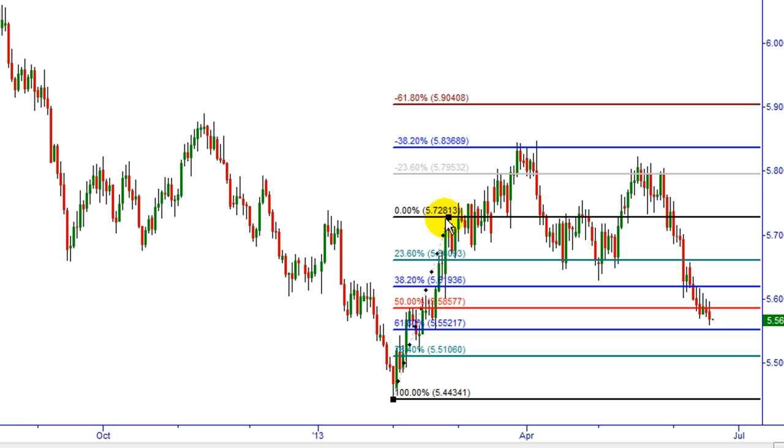Notice another thing, as this comes off of this negative 38.2% retracement, that it is also, once again, that upper channel point. So even though we have 4 highs here instead of 3, you have the additional resistance level helping trigger the reversal with the channel resistance as well as that Fibonacci resistance.